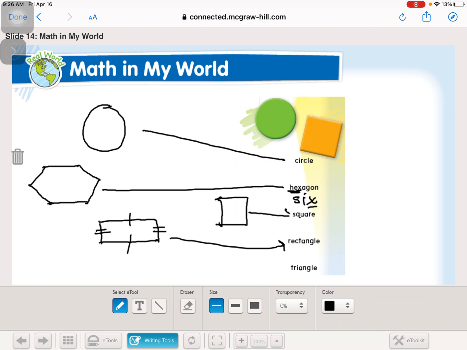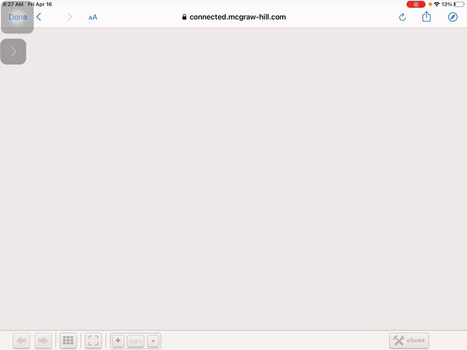Though a square can be a rectangle, a rectangle isn't always a square. And then we have triangle. Triangle is a 3-sided shape. So go ahead and make sure you have all 5 of these drawn on your page 739. If you need to pause and finish doing that, you may. And then I'm going on to guided practice on page 740.